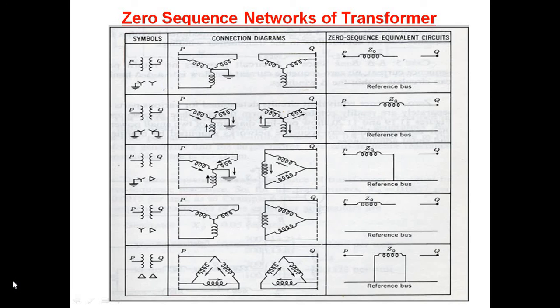Then second one is star grounded through impedance, with P and Q, Z0 impedance. Next is star to delta, then Z0 and reference. Then star to delta again, with impedance between P and Q, then delta to delta, then Z0 and reference bus.